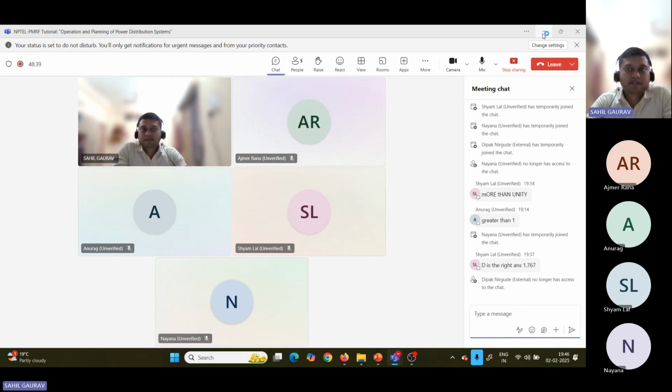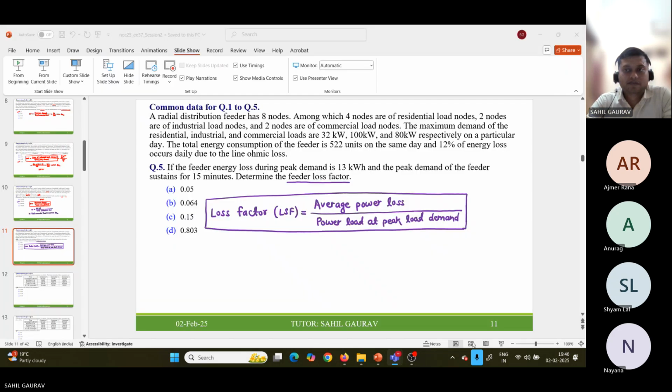Ajmer, Anurag, Syam, Narayan. If you have any doubt, you can ask.